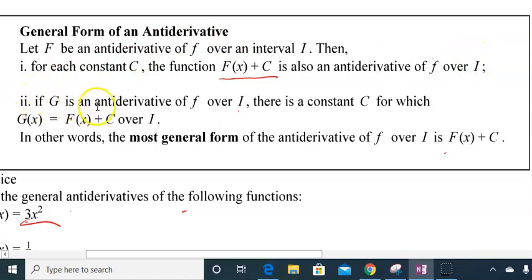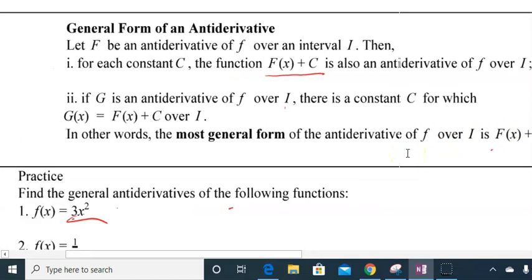If G is an antiderivative of the function f over I, there is a constant C for which G of x equals F of x plus C over I. In other words, the most general form of the antiderivative of f over I is F of x plus C. Right, so I got some examples.